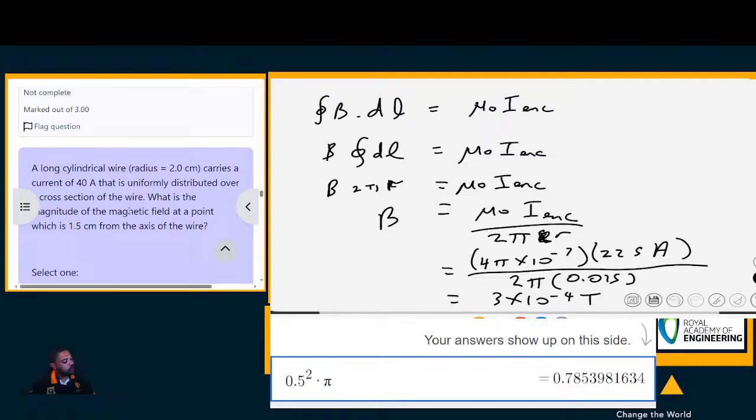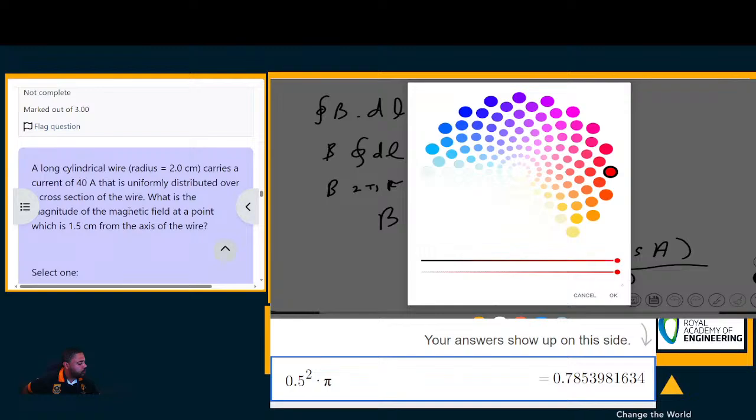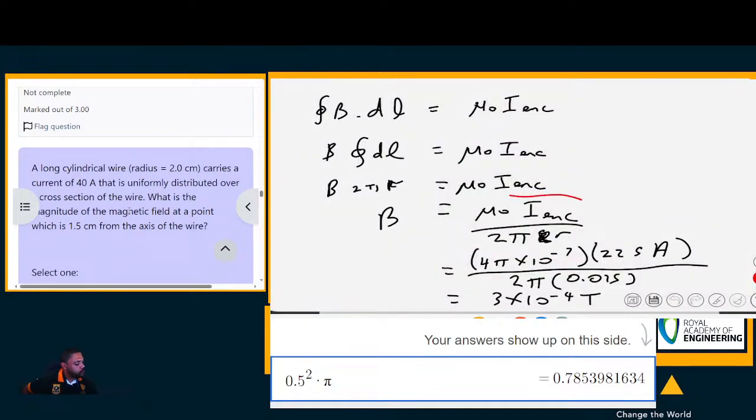So this is how you calculate the magnetic field. The magnetic field at a certain distance in a current carrying wire is equal to this formula here. Let me just highlight it rather. This formula, you use this formula. It's a very important formula. The magnetic field is equal to mu naught times the current enclosed in that section of wire, over 2 pi times the radius of that small section.